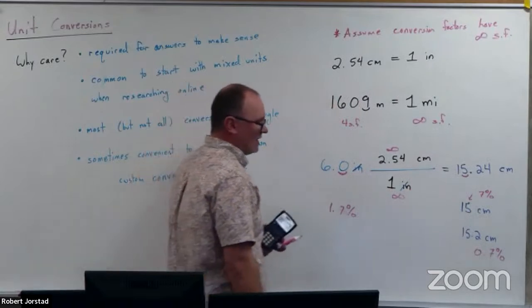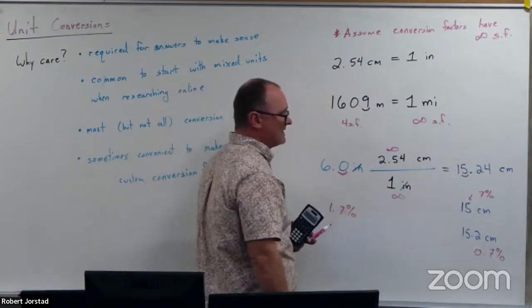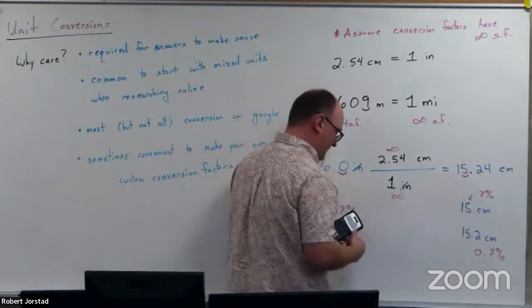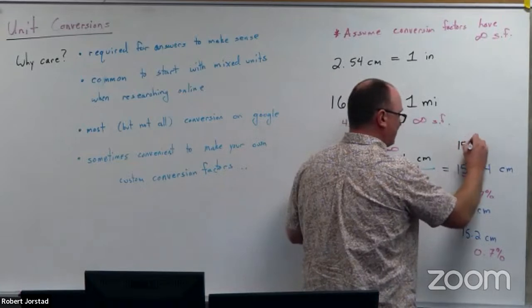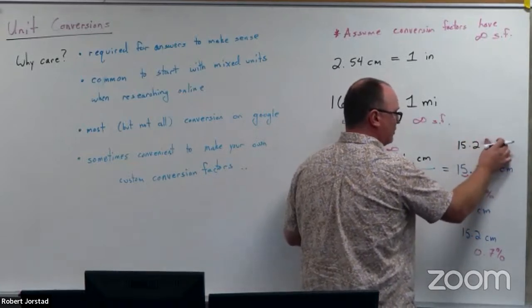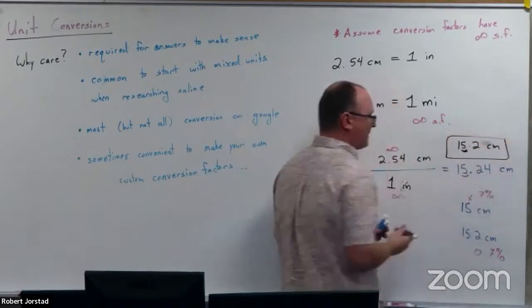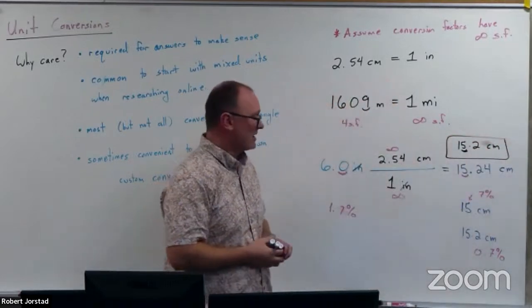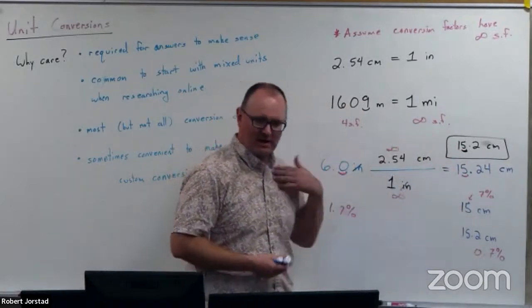That said, on my test, I'd take either one of these two and I'd be fine with that. That said, strictly speaking, why not just write it like this so it's very clear? You can write it as 15.2, underline that digit. This is probably the best way to write it on my test. You better talk to your engineering instructors and see what they want if you have somebody other than me.